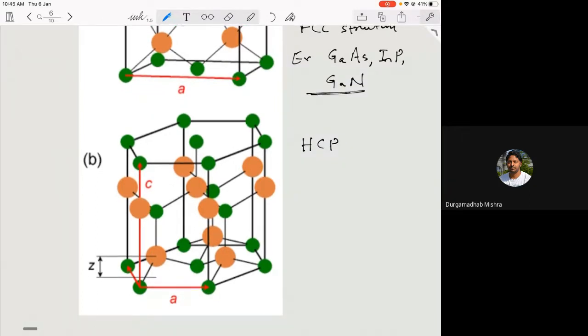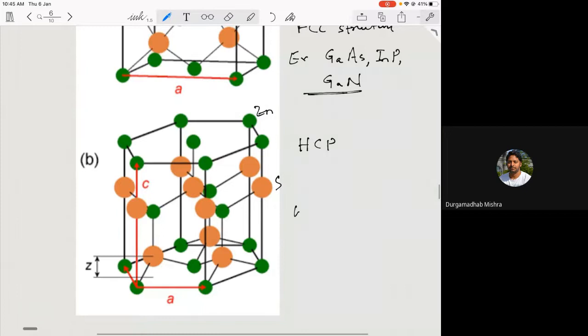But you can also have an HCP structure, where again this is your zinc and this is your sulfur. Instead of the FCC lattice, the zinc is forming a hexagonal lattice. That is your wurtzite structure.